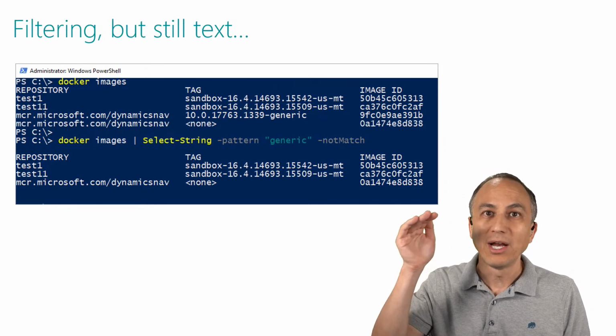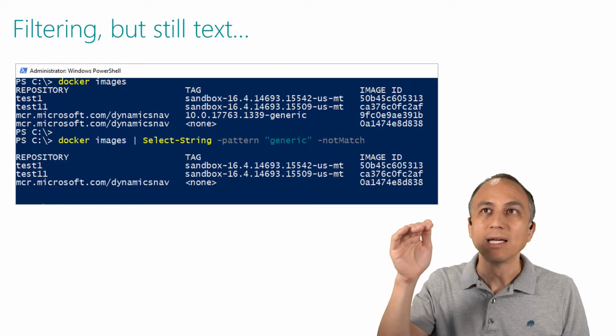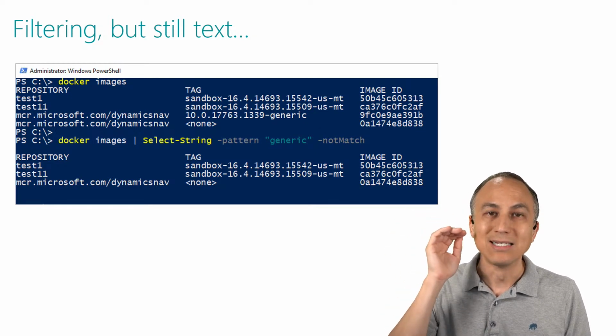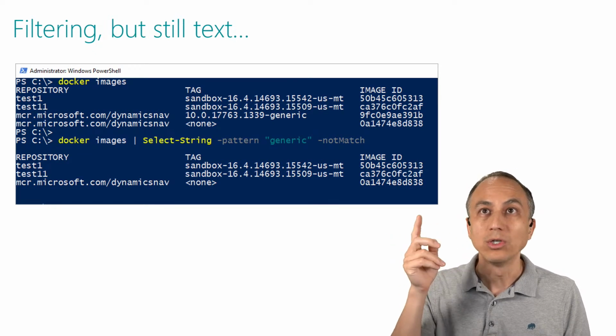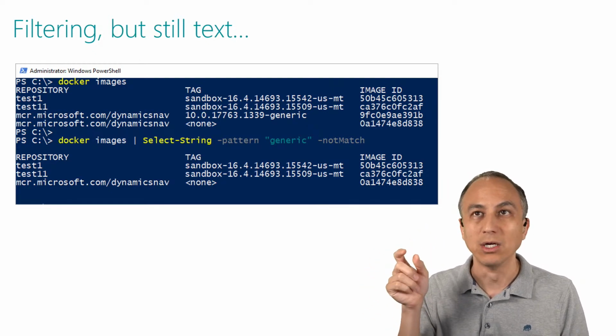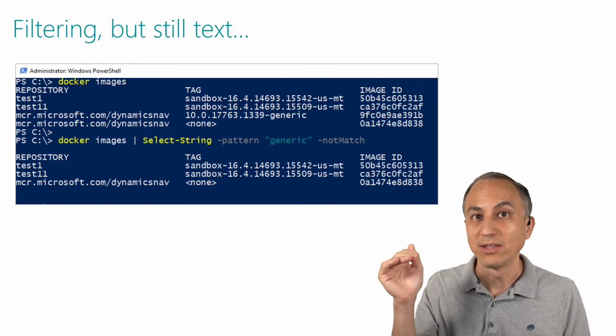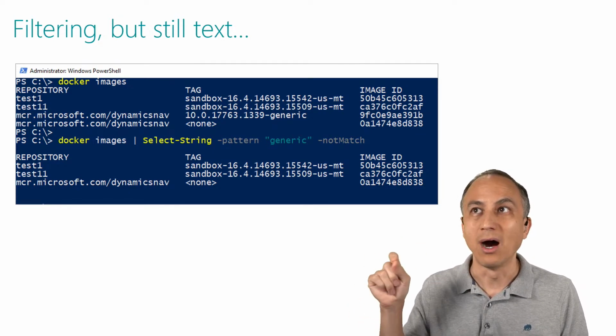Well, I had generic or Docker images. That gave me the image list. And I said, well, give me everything that does not contain the word generic. And that was pretty cool. You take Docker images, you pipe that out to select-string, you say pattern generic. So it'll say, okay, let me find everything that's generic. And you invert that by using the -not match.